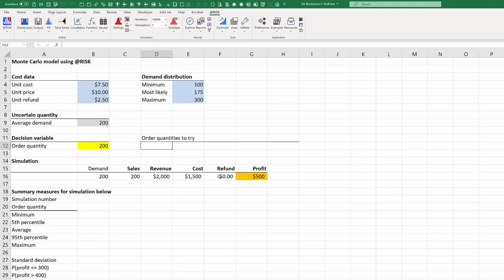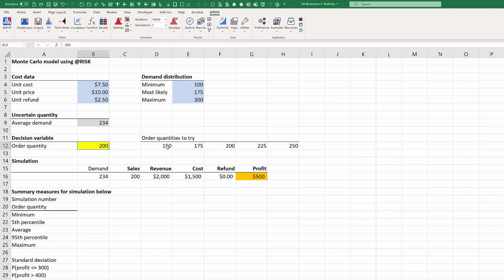So let's assume that we're going to try, say, 150, 175, 200, 225 and 250. So these are the different order quantities we want to try here and repeat the simulation.